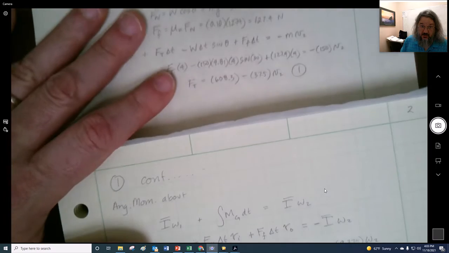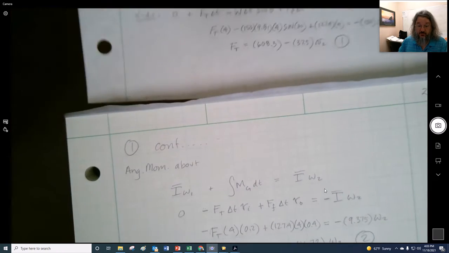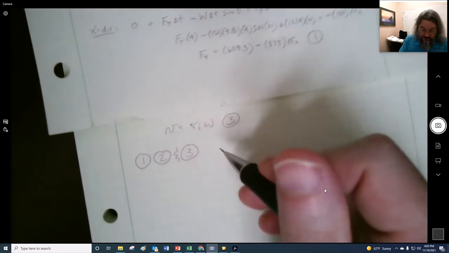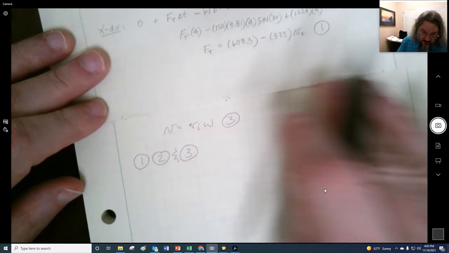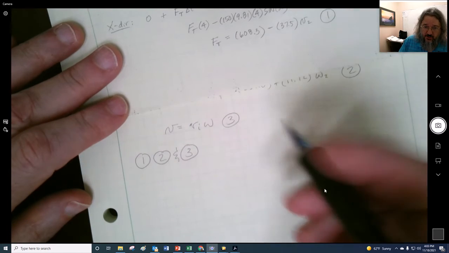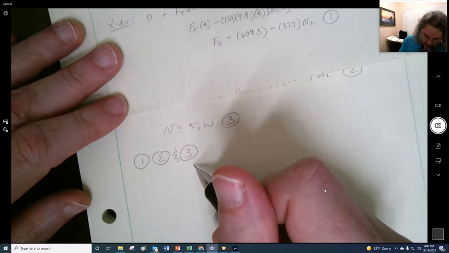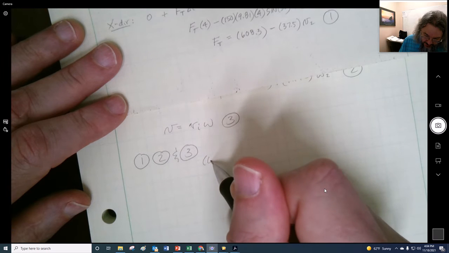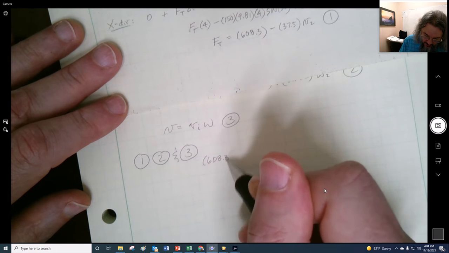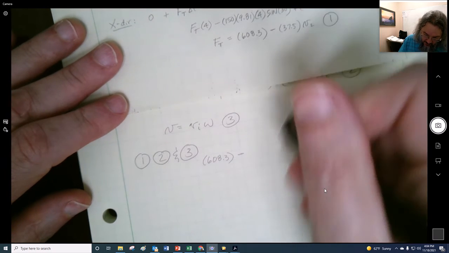So let's take 1, which was, what happened here? Something's making my paper dirty. That's not good. So 608.3 minus, let's go for velocity first.